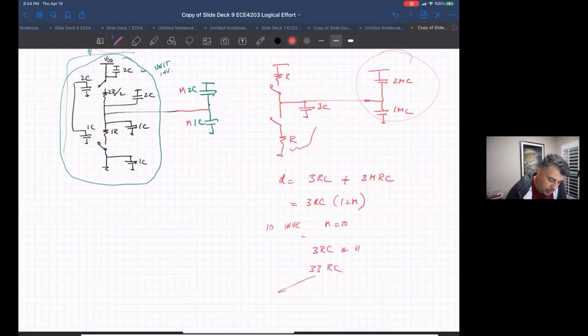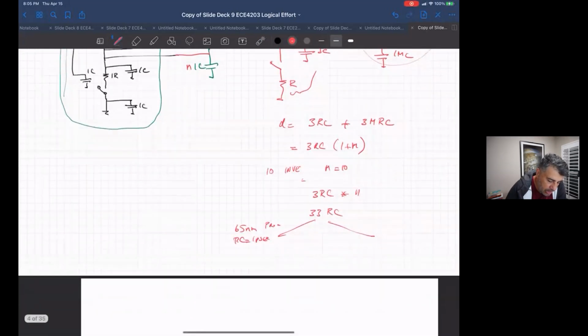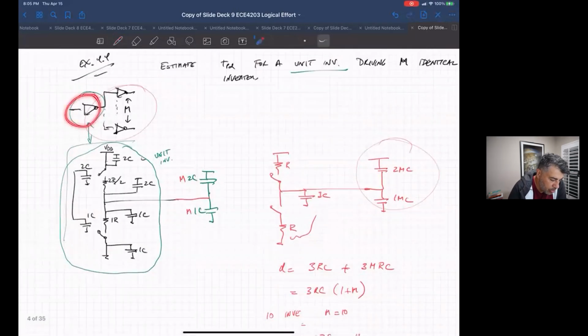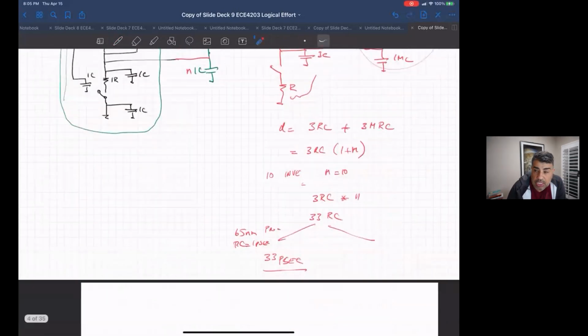In a 65 nanometer process where RC is 1 picosecond, the delay would be 33 picoseconds if I had an inverter driving 10 other inverters. So you can see how we're using this.